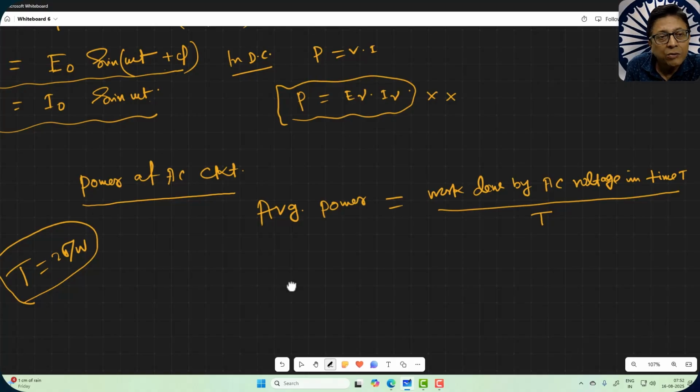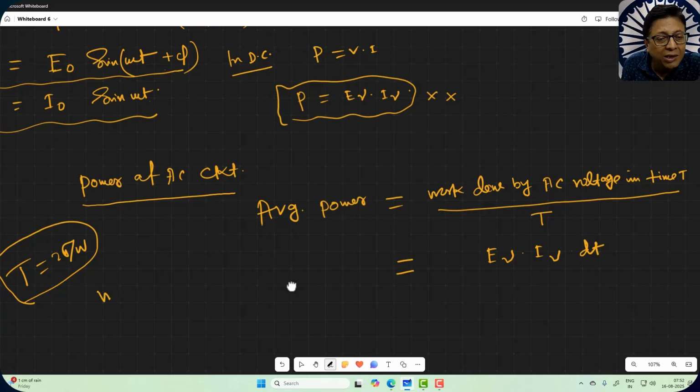For that, we will find the work done by this formula, that is e i into dt, the work done in a small time interval. Understood?